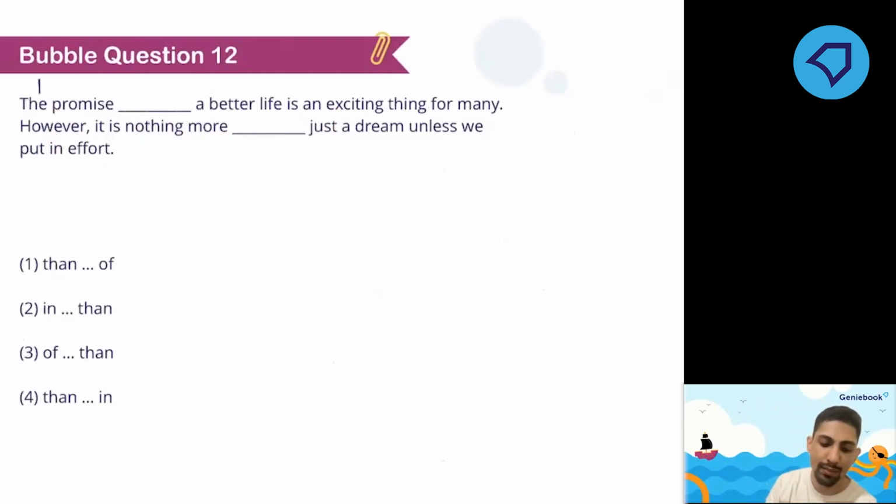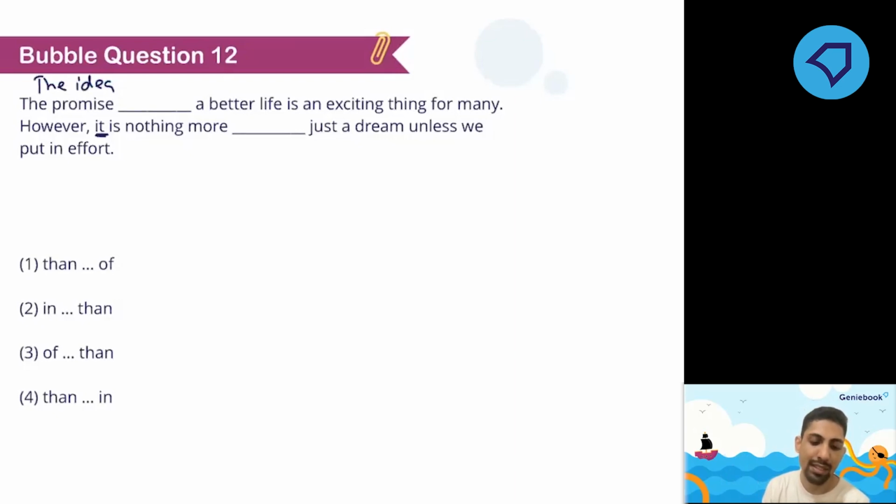The idea of a better life is an exciting thing for many. What does it mean? It means that if you think about a better life, you'll be like, hey, that sounds good. However, it refers to this idea, okay?